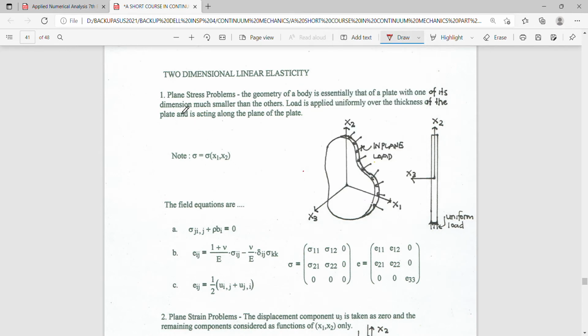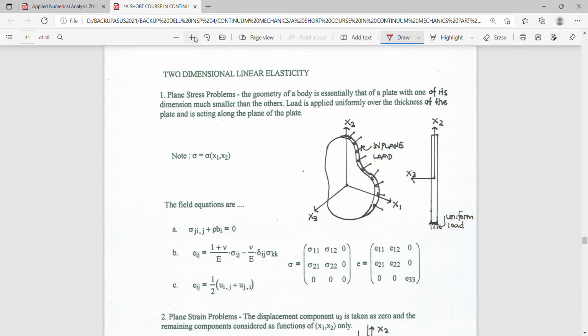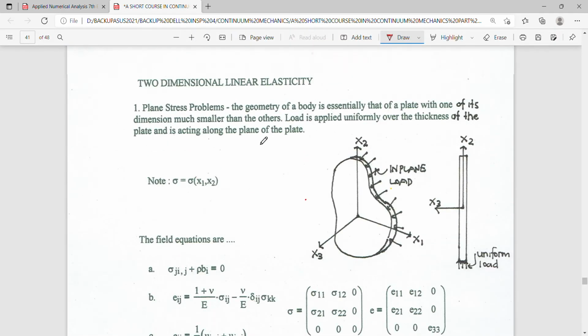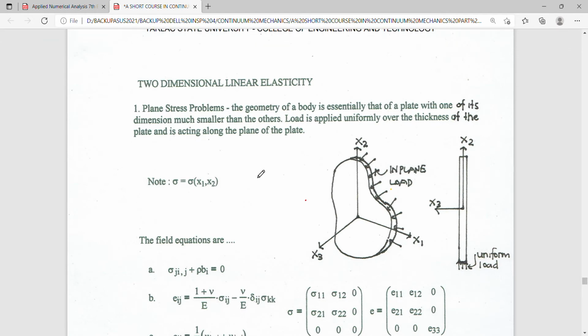Okay, for the plane stress problem, this is defined as the type upon which the geometry of the body is essentially that of a plate, no? So we're referring to any material, may it be a steel plate, a timber plate, aluminum plate, a concrete plate, okay?